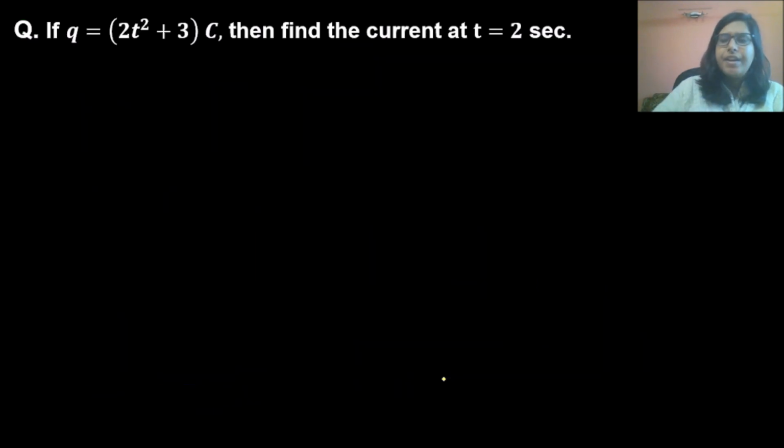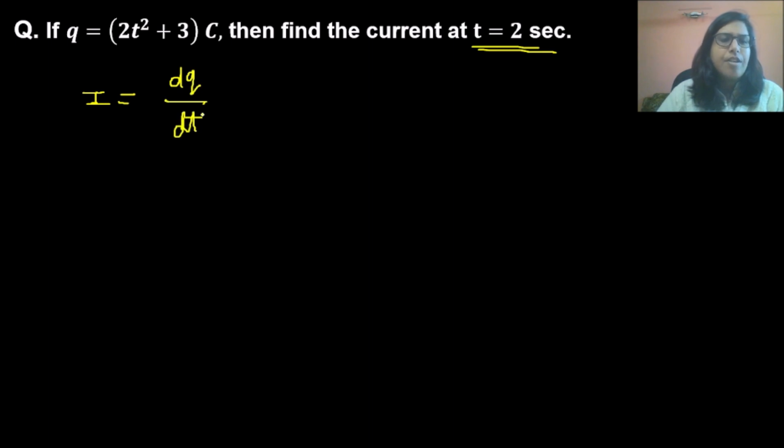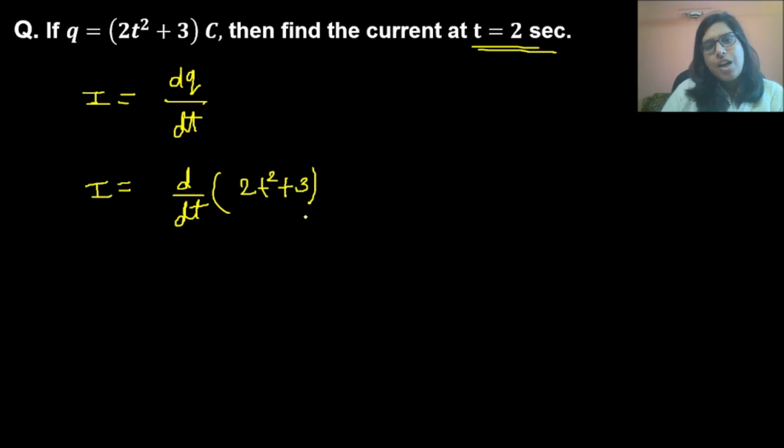Now in this question we are given charge in the form of time, then find the current at t equals 2 seconds. So here we apply I equals dq upon dt. That means I equals d by dt of 2t square plus 3. Here charge is a function of time t, so we will differentiate this.